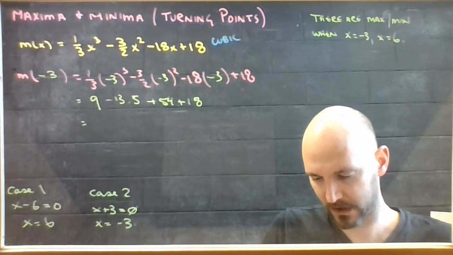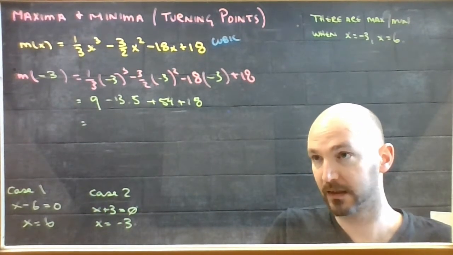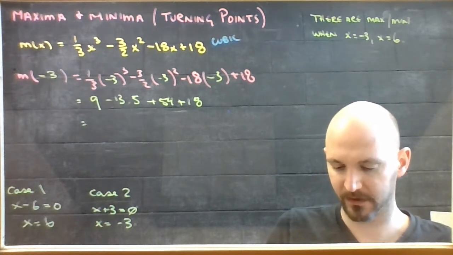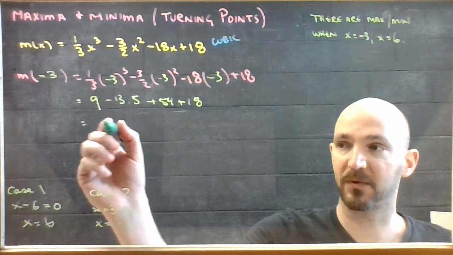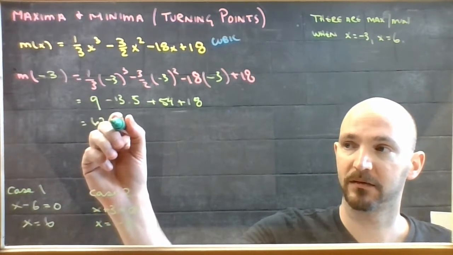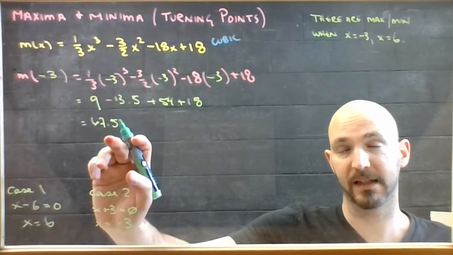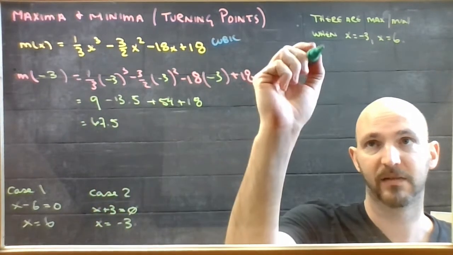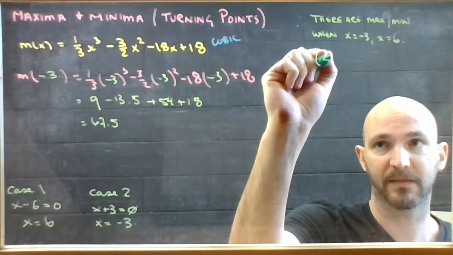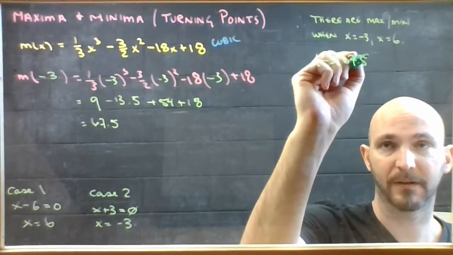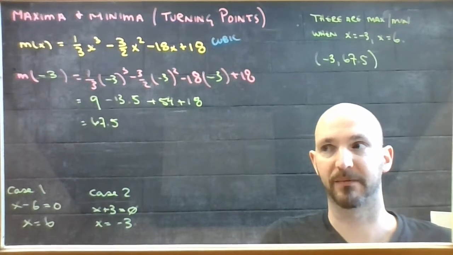So 54 and 18 and 9 minus 13.5 gives me 67.5. So I put in negative 3 for the x, and I got 67.5 for the y. So I have negative 3, 67.5 as one of my points.